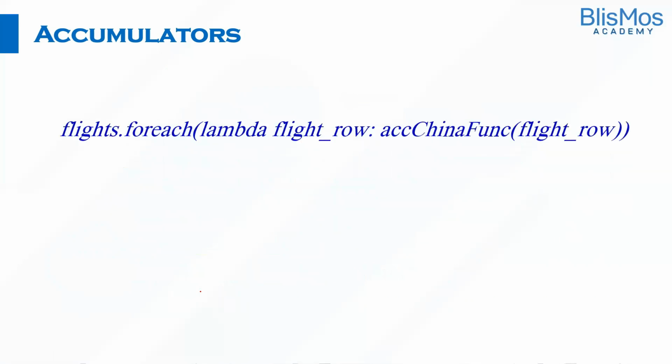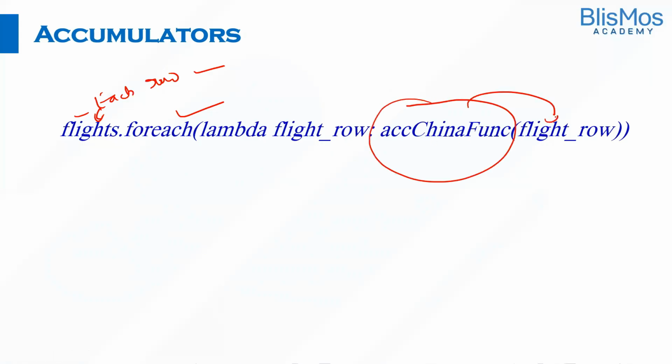The next thing is we'll iterate over each row of the flights by using a foreach method. What the foreach method will do is run once for each row in this data frame, and we'll run a function against each row and update the counter.